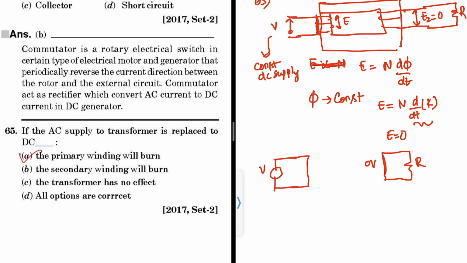If anything is shorted with a source, it will result in high current. But here there is no source, so there is no current to drive that circuit. So the secondary winding will not burn, but the primary winding will burn.